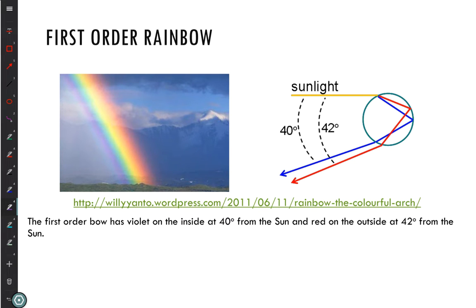Find the center of that rainbow, because that's where the zero is. From there, through your eye, and keep going back, the sun's on that line. So the sun is directly on the line going from the center of the rainbow through your eye, and then back behind you. So rainbows are made, that's what we call the first order rainbow. First order, because it's the first one, the lowest one you see.